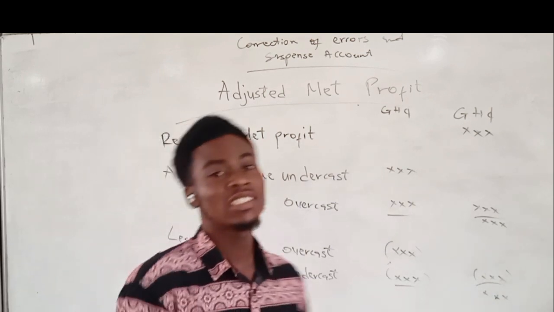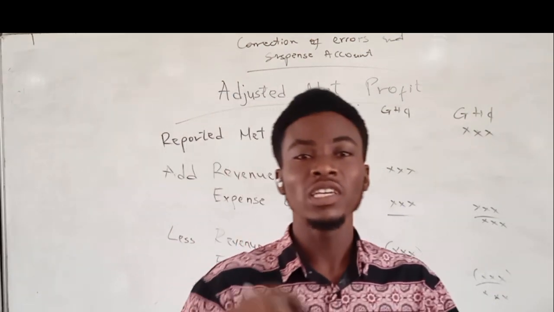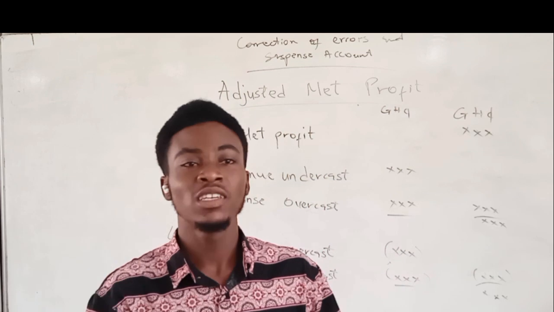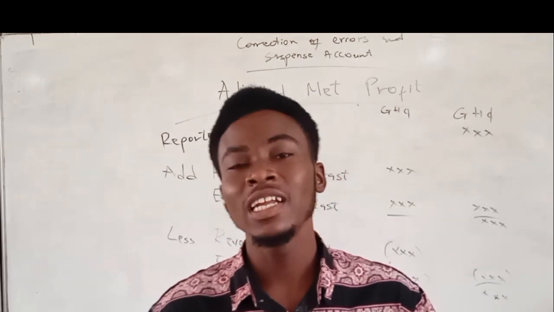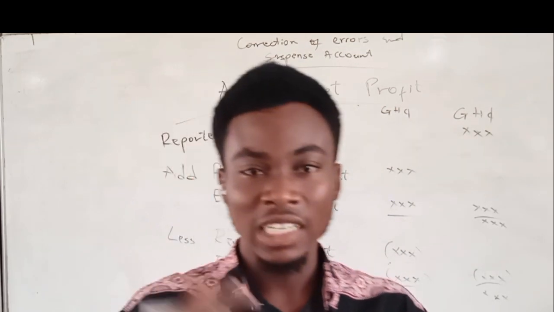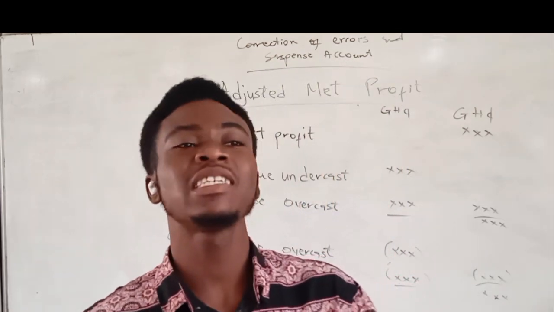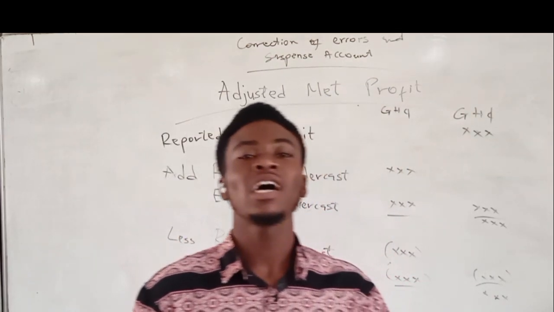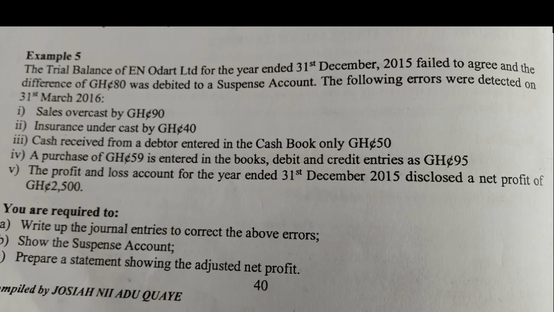As I said, anything that is going to make the profit increase, you ought to less it. And anything that's going to make the profit decrease, we add it back.